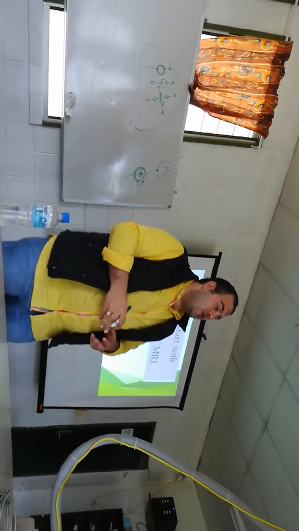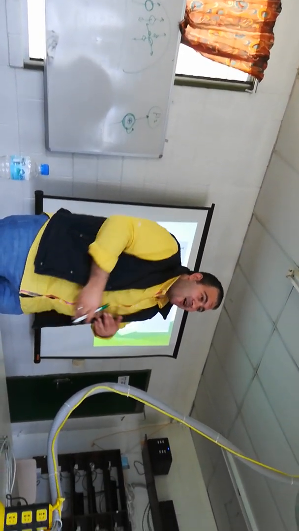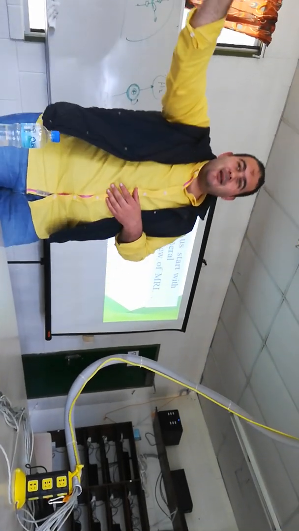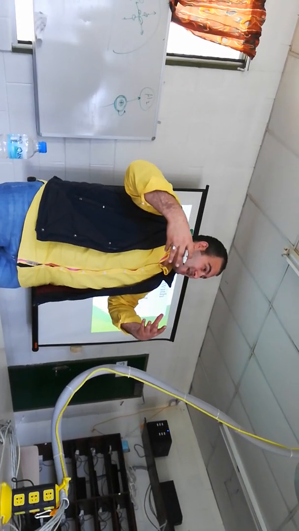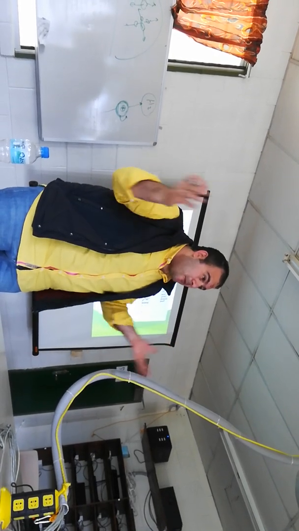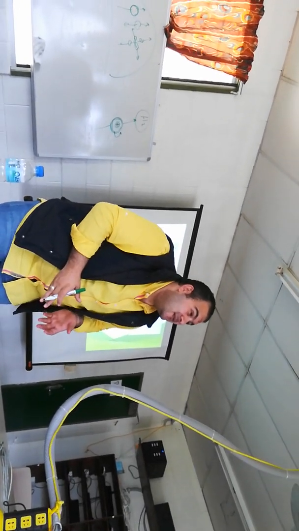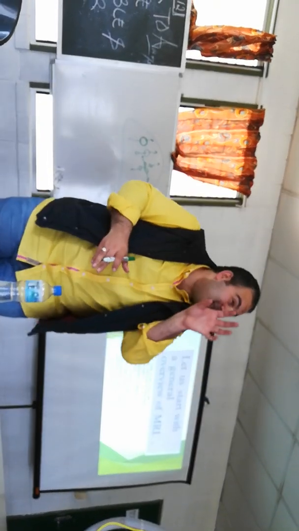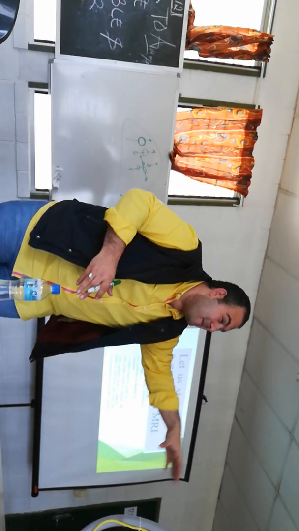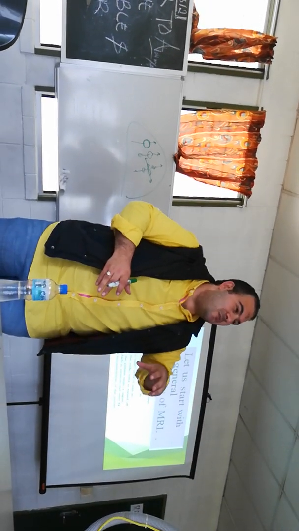You'll find the protons pointing up, and another one pointing down, and another one pointing right, and another one pointing left. Two equal and opposite forces neglect each other. So the net magnetization force is zero. That's before placing you in the magnetic field, in the MRI room.